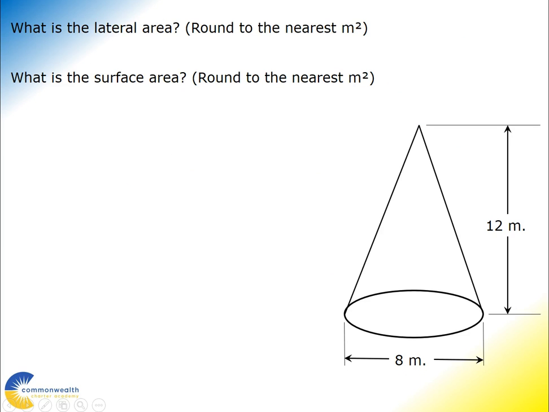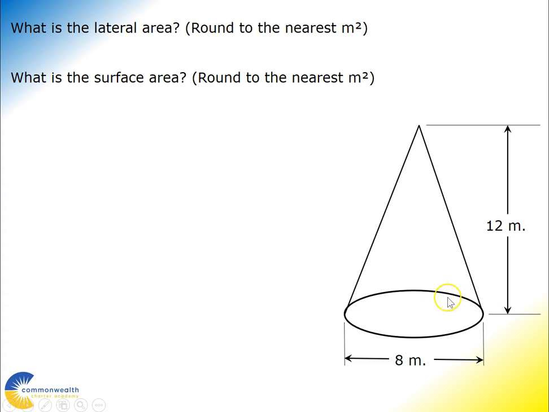A cone is very similar to the pyramid, a little easier to handle. If I find this length right here, that would be the slant height. Whereas if I'm finding this on a very similar picture of a pyramid, that's usually going to be an edge, and I have to figure out what the slant height is.